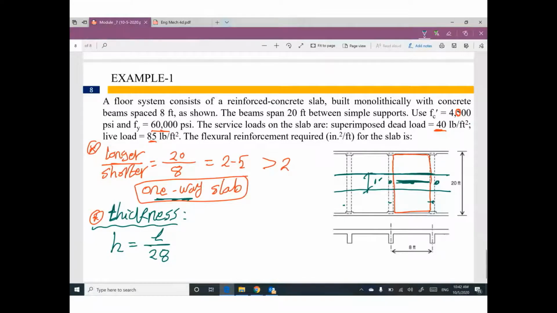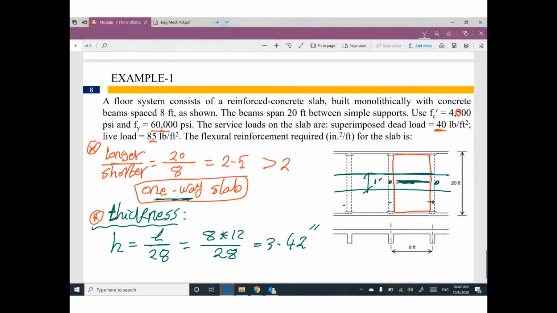Your span is 8 feet. 8 times 12 divided by 28 is 3.42 inch. Your number must be an integer number. So 4 inch would be good.